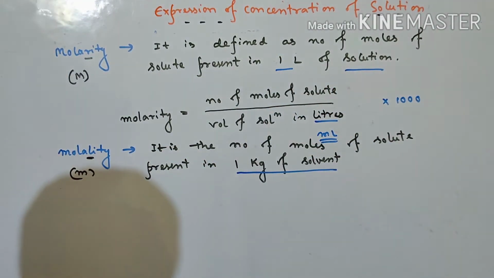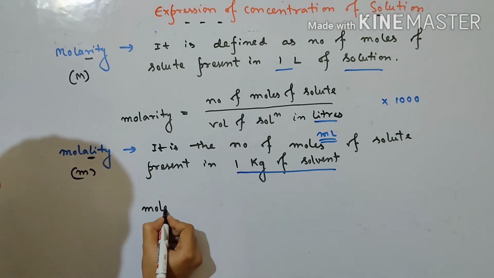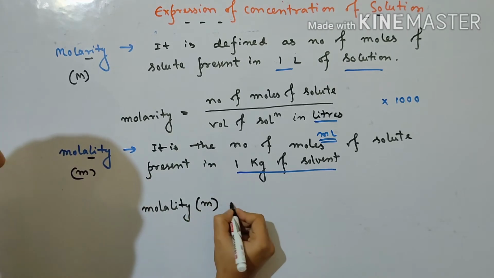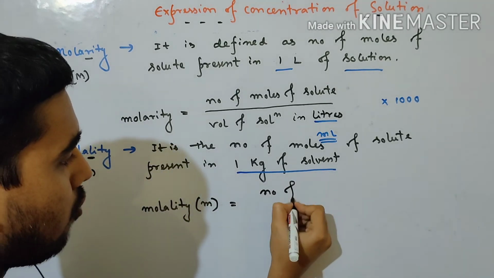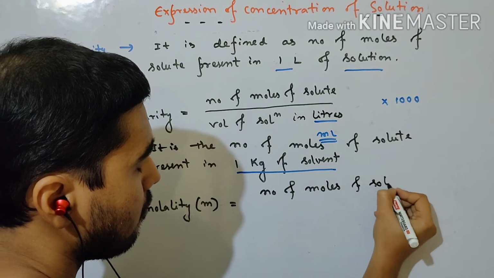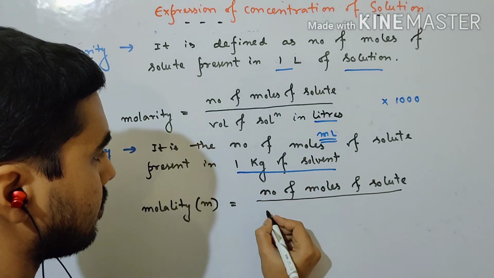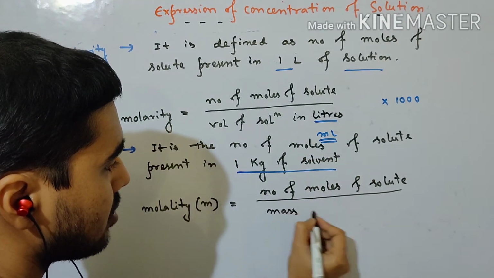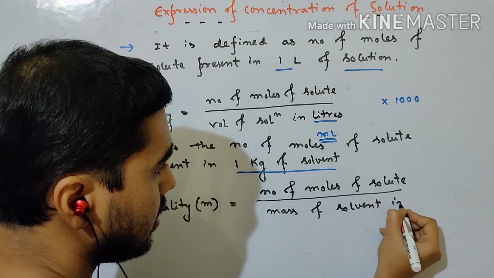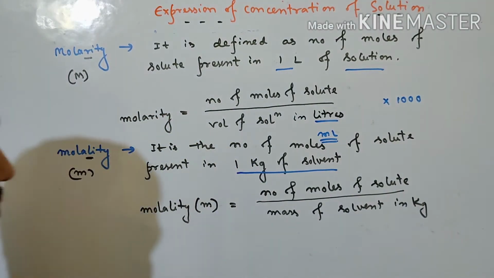So if we want to define molality, it should be number of moles of solute divided by mass of solvent in kg. Here also, I must say one thing.